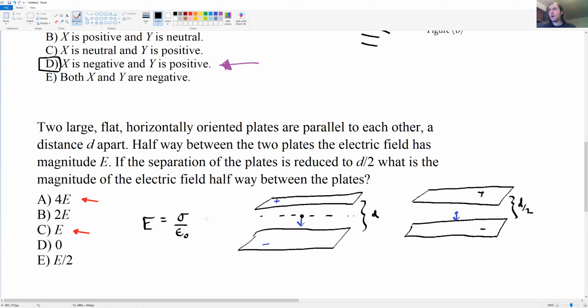And does the charge density change if we decrease the distance between the 2 plates? No, the plates still have the same amount of charge as they had before we changed their distance. So in this case, sigma, which is the charge density, doesn't change. So there's no change in sigma, and therefore there is no change in the magnitude of the electric field.